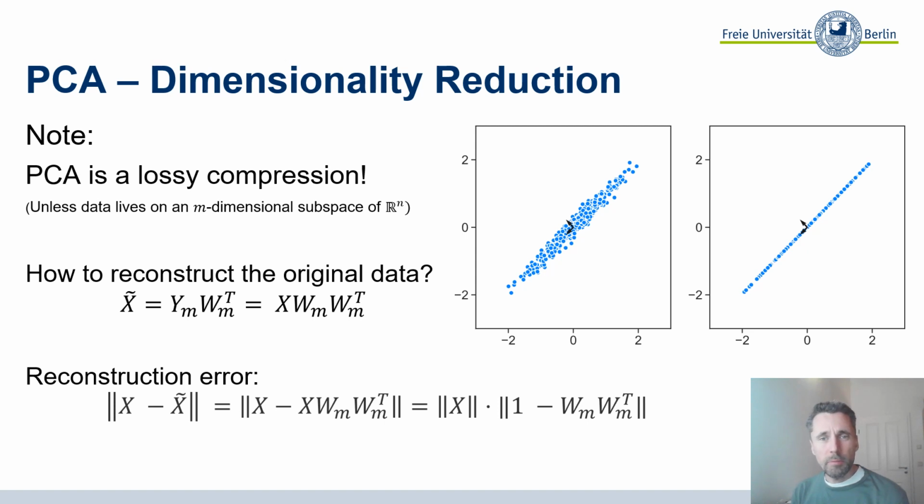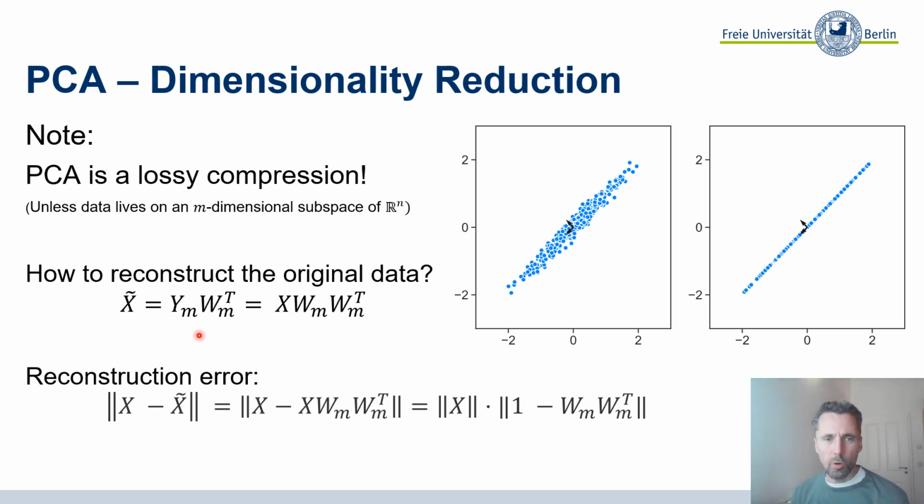Now, reducing the dimensions of your data usually results in a lossy compression, right? So look at this distribution here. Obviously, we lose information. Now, we can reconstruct from those lower dimensional coordinates samples that are in the original data space by just projecting them onto those principal components.